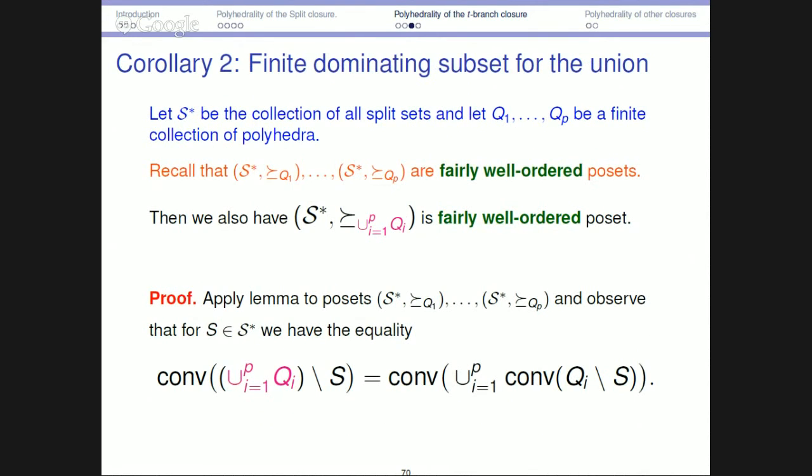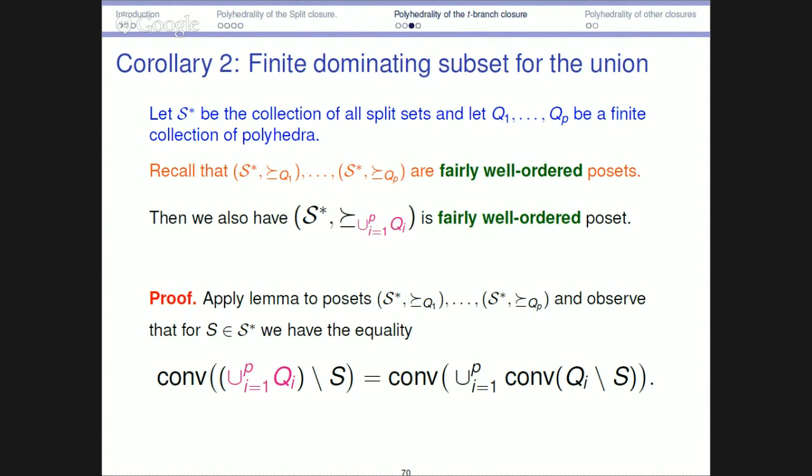Second property is what I call finite dominating subset for the union. And here the context is as follows. Let this be the collection of all split sets. Remember the T minus one branch splits. If you have a finite collection of polyhedra, then by the Gordan-Dickson proof technique that I showed you before, we know that for every polyhedron you find a finite set of split sets that dominate every other.